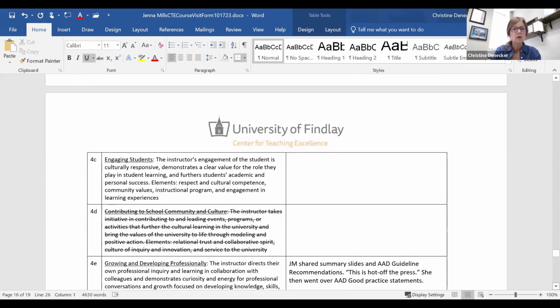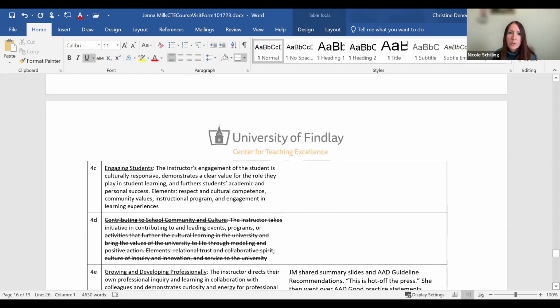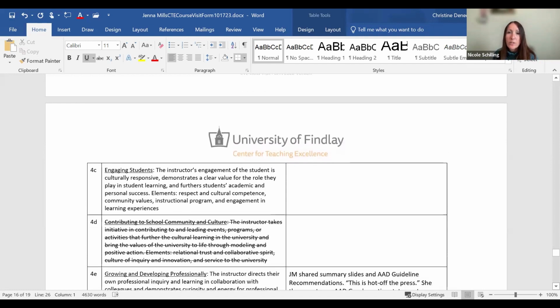4C, culturally responsive engagement. Demonstrates a clear value for the role they play in student learning, respect and cultural competence, community values, instructional program, engagement, and learning experiences. It sounded like that engagement piece is another small opportunity for a small adjustment that you had talked about with her, how to get those students more engaged, which speaks to 4C.